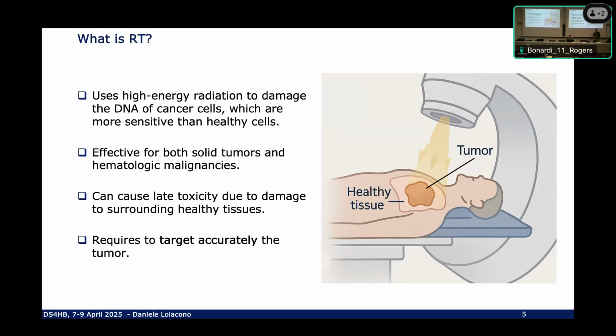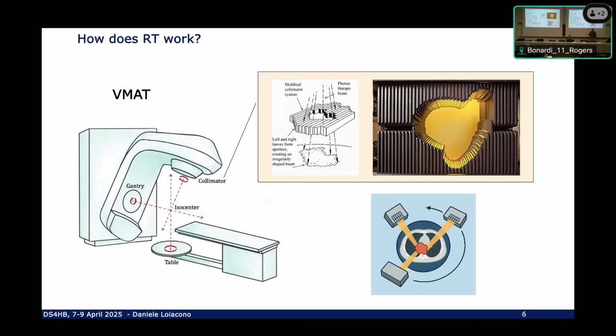And in order to do that, we need to deliver the radiation in a very accurate way to the tumor that we want to target. And this is done with a very advanced type of delivery machine. Here you see one of the types of radiotherapy treatment, and the one I will focus on more in this talk, that is called VMAT.